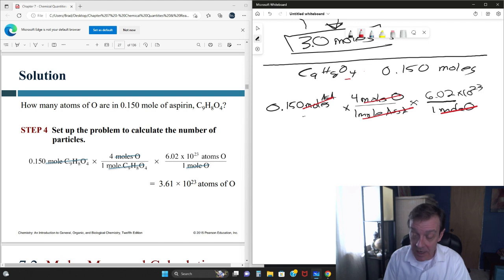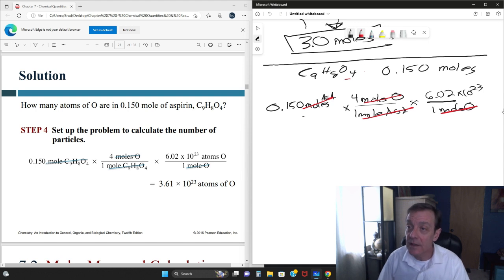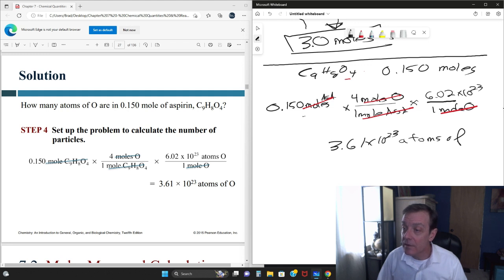So we just perform a calculation. 0.150 times 4 times 6.02 times 10 to the 23rd, divided by 1 and divided by 1. So our answer is 3.61 times 10 to the 23rd atoms of oxygen.